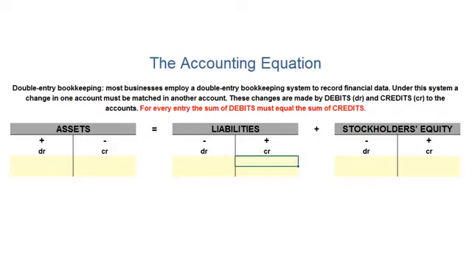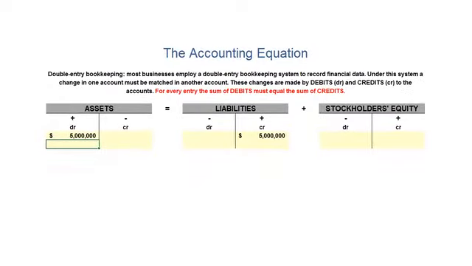To show that transaction, you would credit liabilities in the amount of $5 million. This reflects the assumption of debt on the balance sheet. You would then debit assets by $5 million to reflect an increase in cash on the balance sheet.